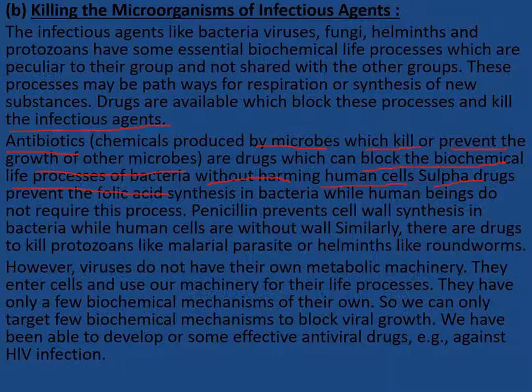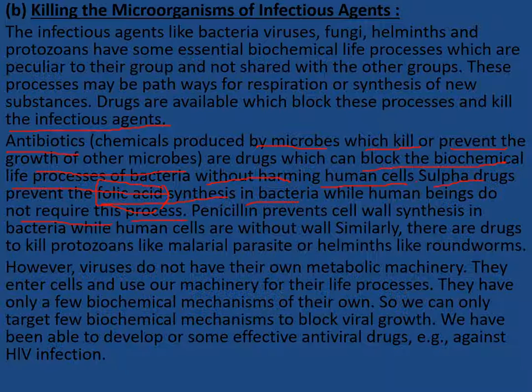Sulfur drugs prevent the folic acid synthesis in bacteria, and this is one type of drug, that is sulfur drugs, while the human beings do not require this process. The synthesis of this folic acid is not required in the human body. That is why if we use the sulfur drugs, it does not harm our body, but it is harmful to the bacteria.